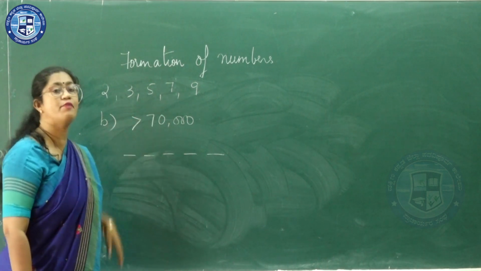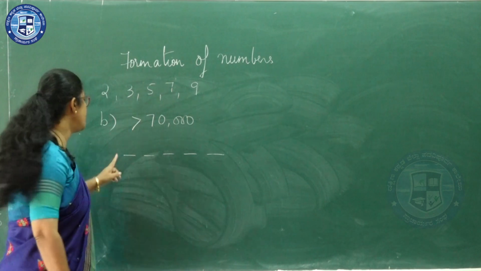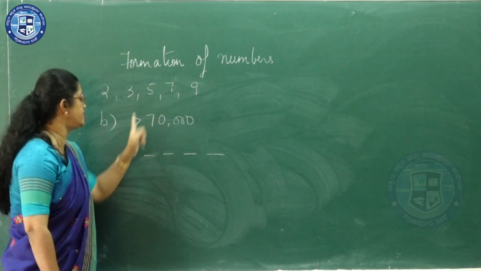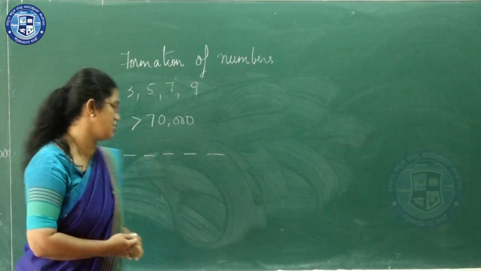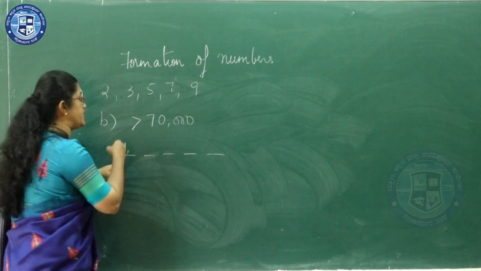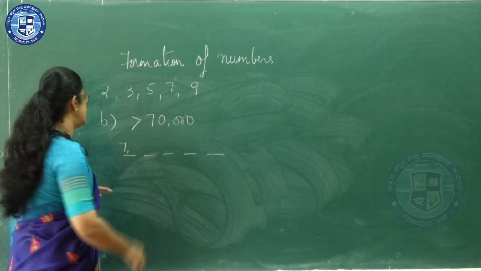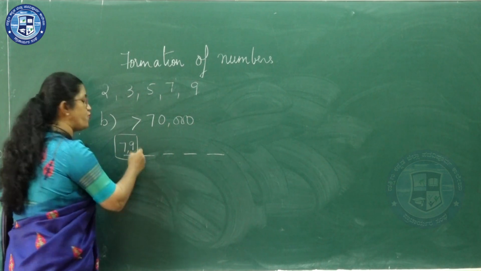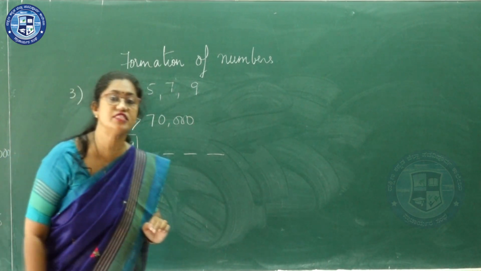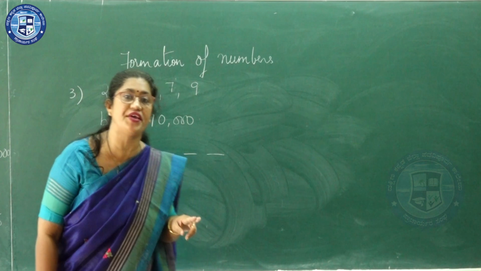What about 7? If I place 7 here and one of the other digits, surely the number will be more than 70,000. That means I can place 7 here. 9, obviously we can place 9 also. So there is a restriction for this place, and the first place can be filled in 2 ways.